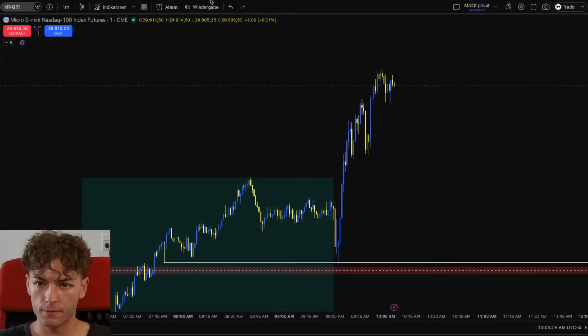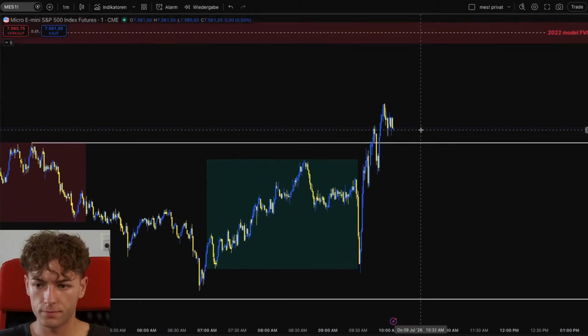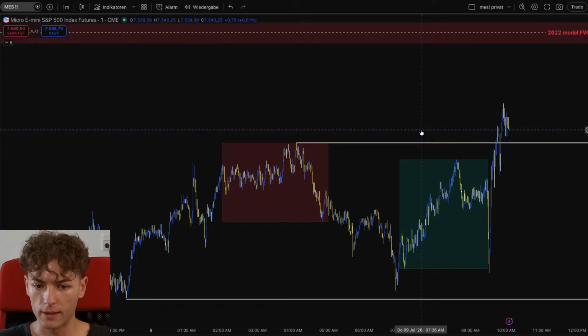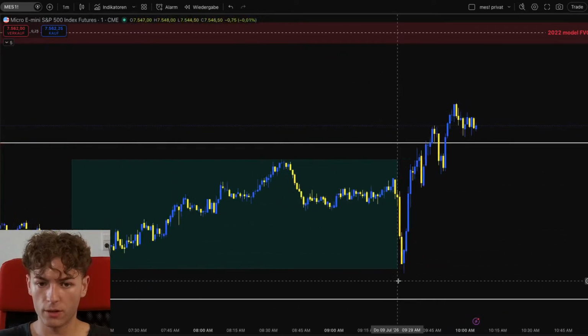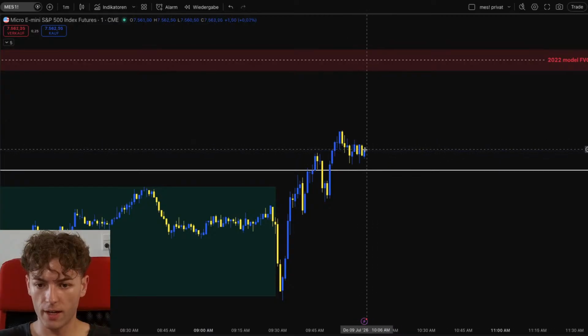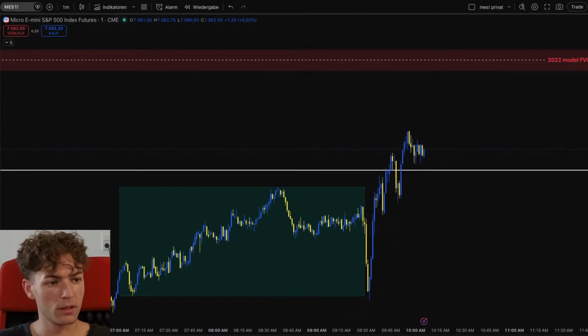Let's have a look at ES. ES looks way cleaner. Beautiful, relatively equal lows down here. And it's not as bullish as NQ. So we might take a trade on ES today.